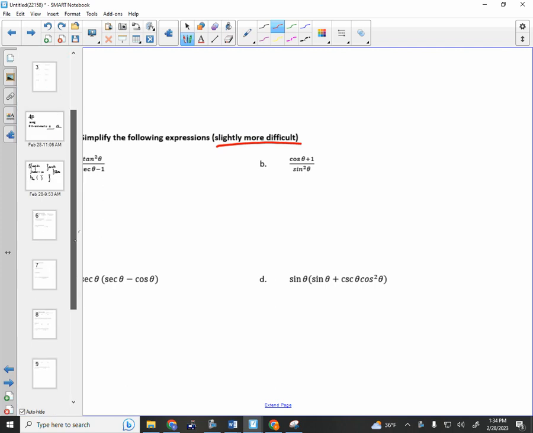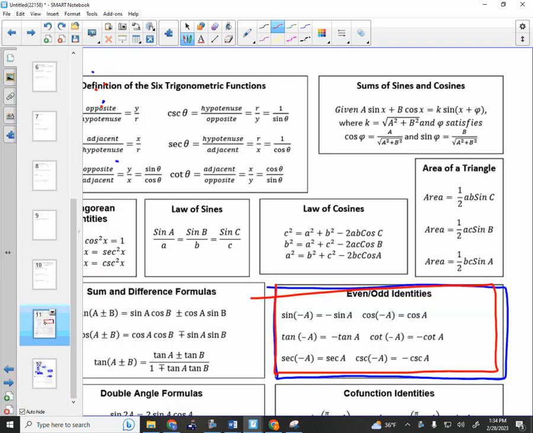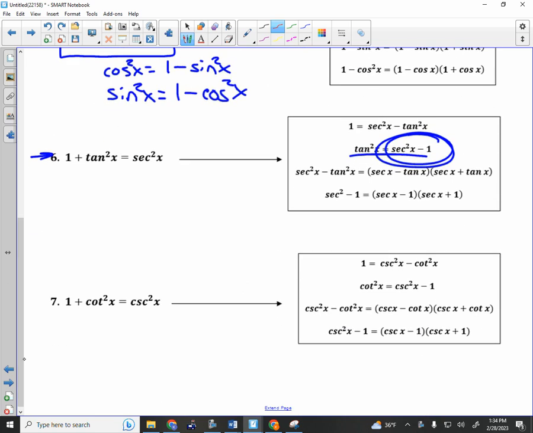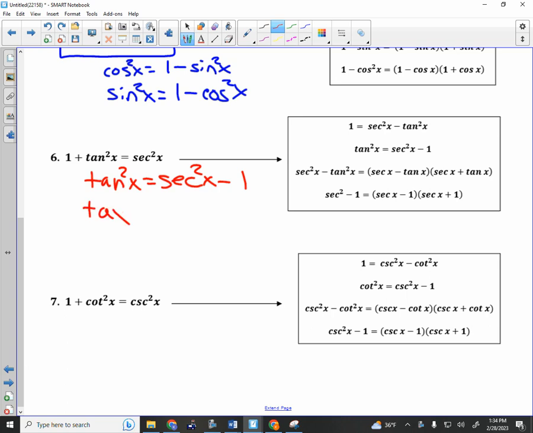And so they go to their bag of tricks and grab a formula: secant squared minus 1 is tangent squared. So you tell me, if tangent squared of x is equal to secant squared of x minus 1, then is tangent of x equal to secant of x minus 1? Can I just take the square root of each of those? Boom. No.